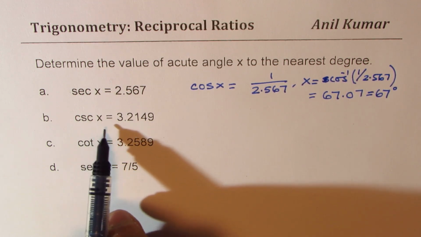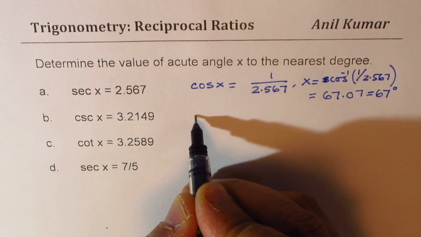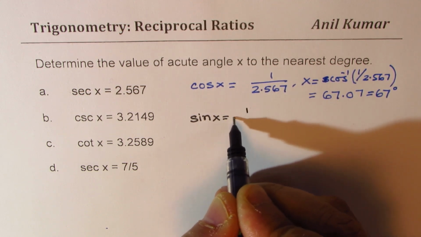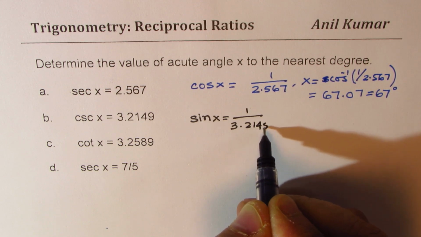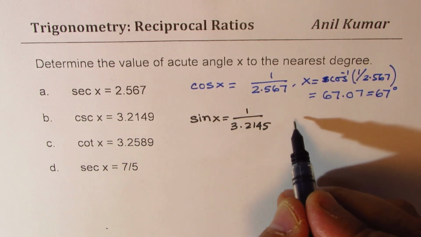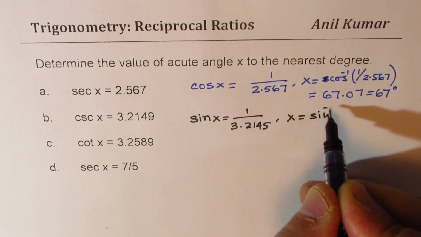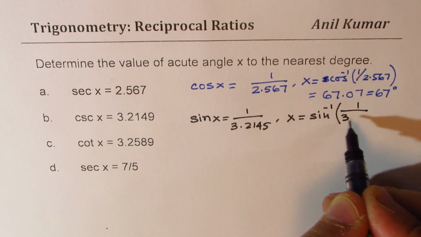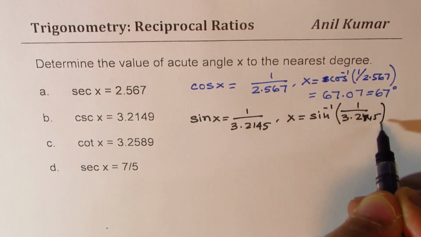We are given cosecant x this time, so we can begin by writing it as sine of x. So sine of x is equal to 1 over 3.2149. And therefore, we can say what x equals. So x equals sine inverse of 1 over 3.2149, right?